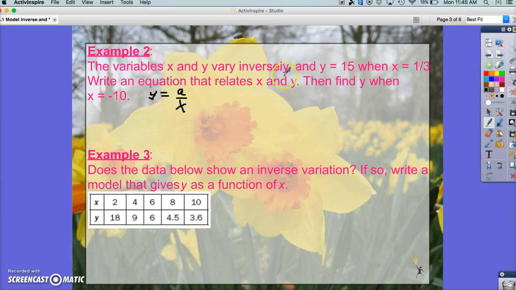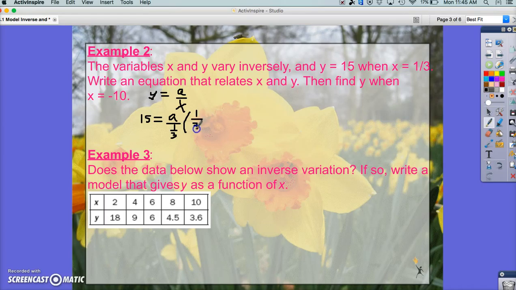So they give me a y and they give me an x. So let's plug them in. So y equals 15 equals a over 1/3. So in order to find my a, I'm given a y and x, so I plug them in. Now we see the variable a is left over. We want to get a by itself. Because it's being divided by 1/3, there's no reciprocal involved here.